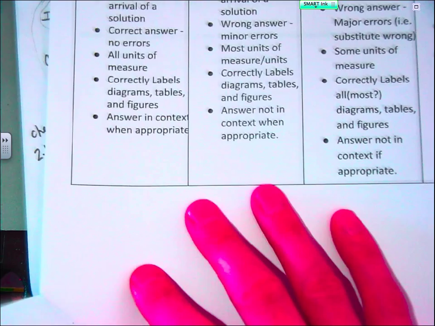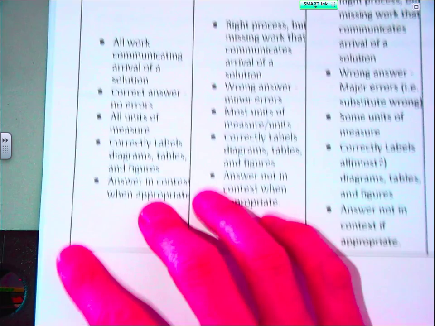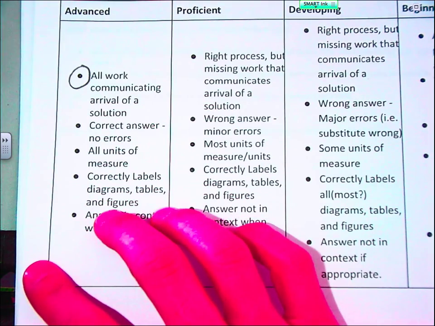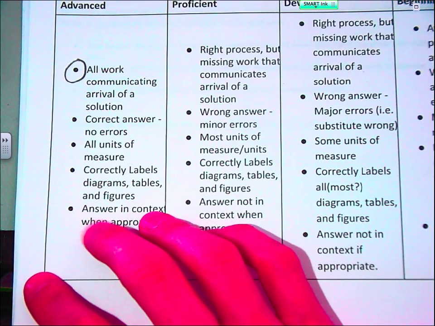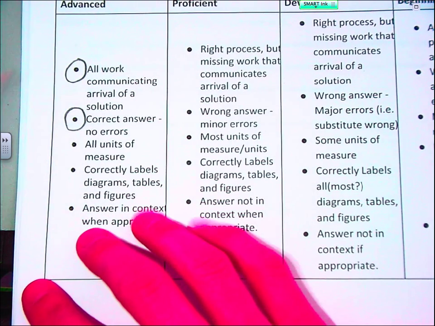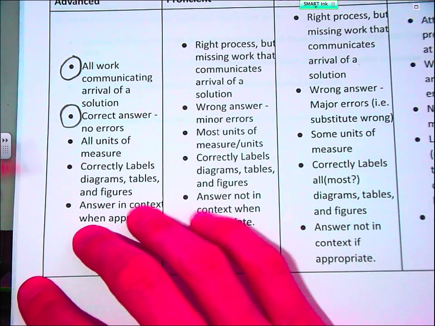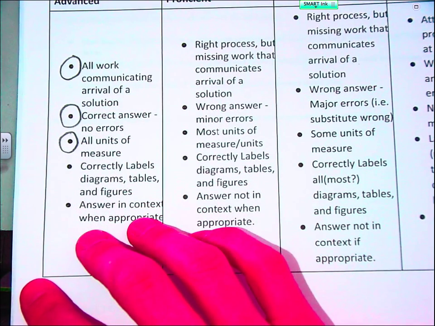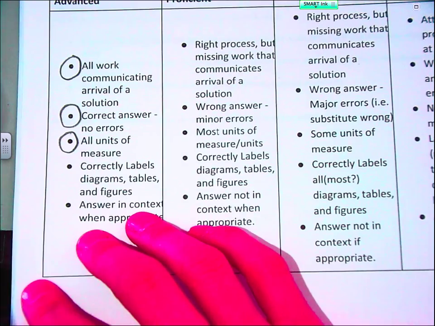I go to the pages here. I'm allowed to use my calculator, but I did show all the work that it took me to arrive. I did have, in theory, correct answers with no errors, I believe. There wasn't much to mark down, but I did put in all of the percentage signs. Little things like that will help you get a 4.